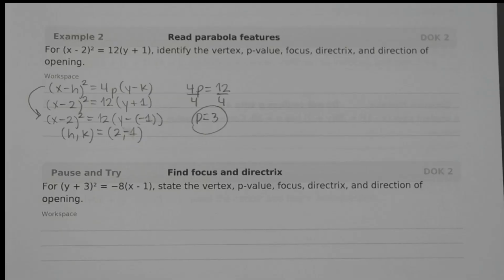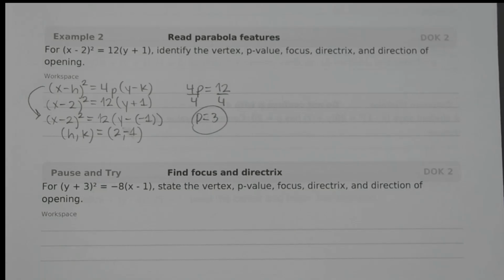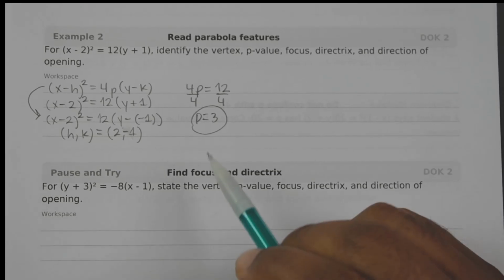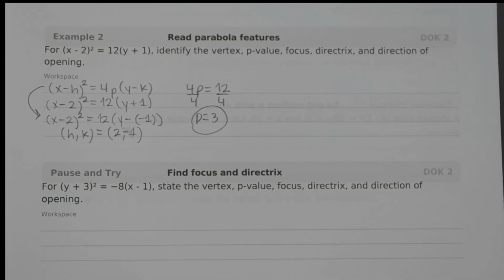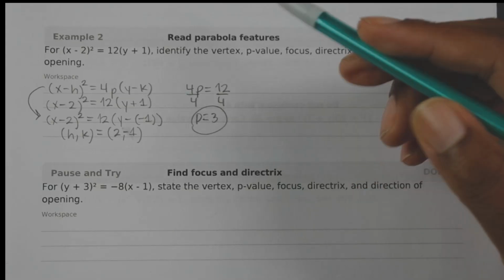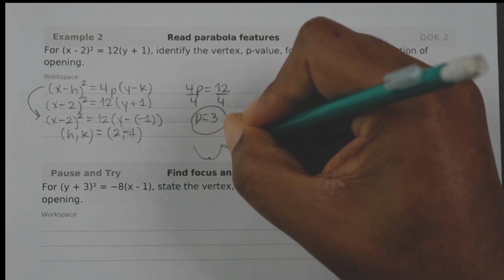Because the x expression is squared, this is a vertical parabola. And because p is positive, the parabola opens upward. You can think of it this way: the vertex is down here, and then it opens up like this.